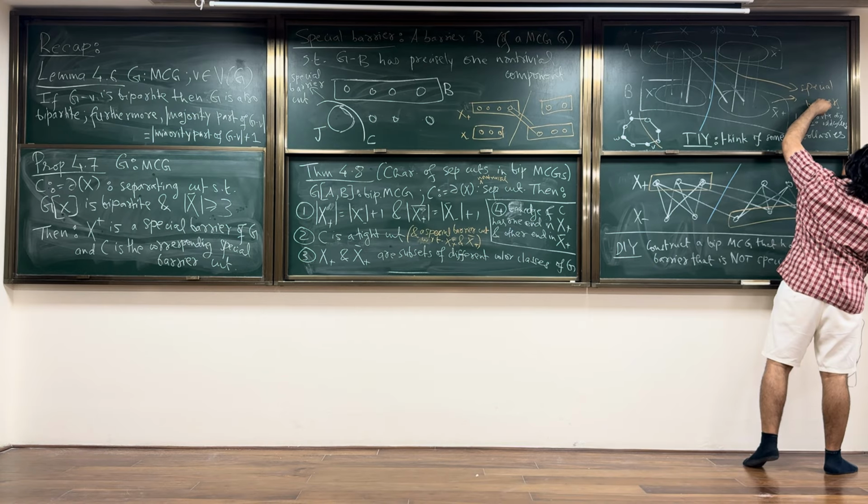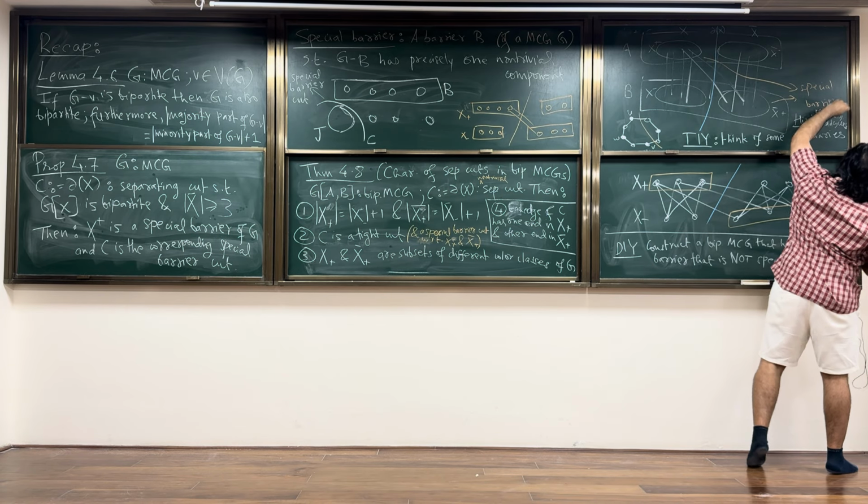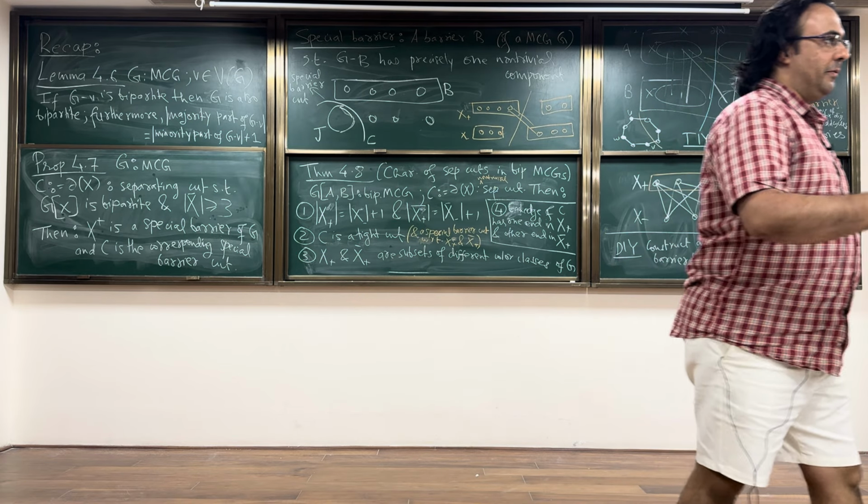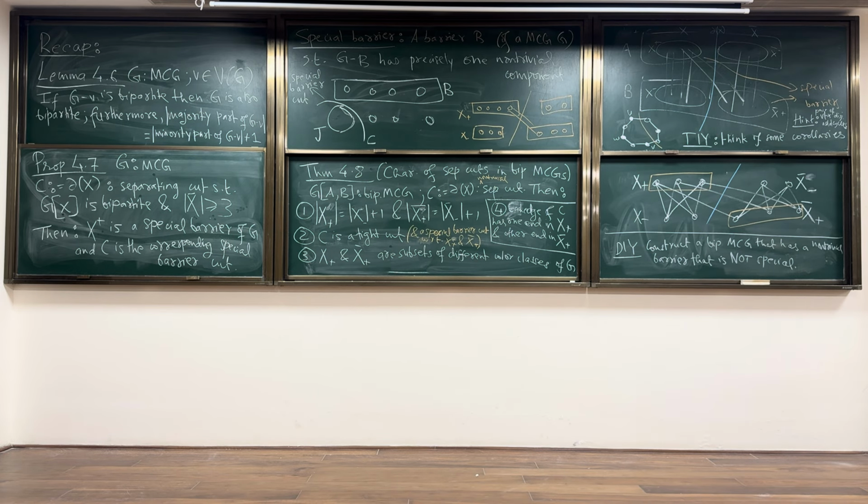A pair of, just two, not more. Anyways, I'll just leave it as a sort of vague TIY. You can think about it. There is no correct answer. Perhaps many correct answers. Who knows? Okay. Fine. So that's all for bipartite related stuff.